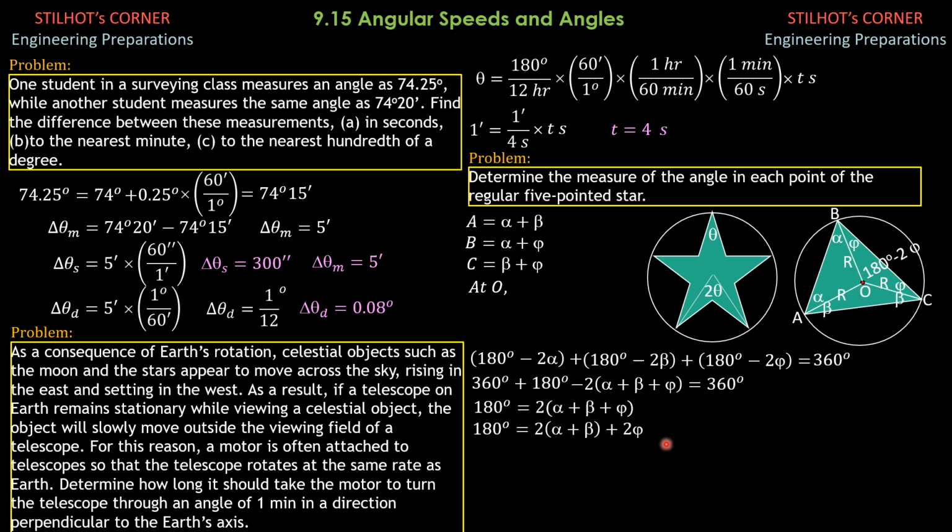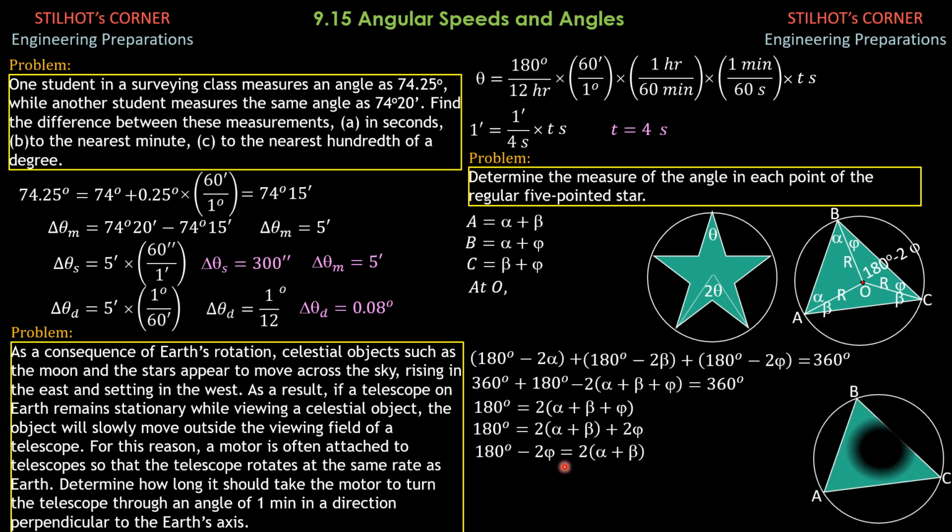Therefore, alpha plus beta is 180 degrees minus 2p divided by 2. So that means alpha plus beta is half of this measure.